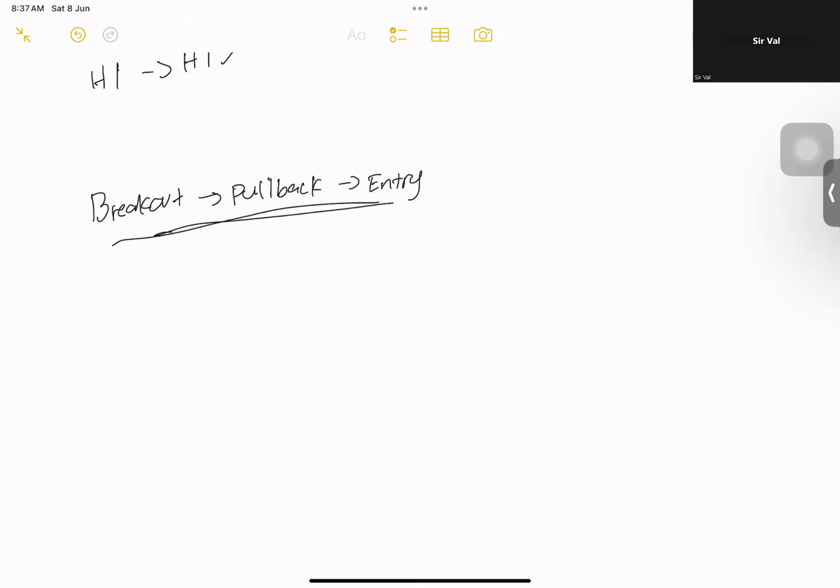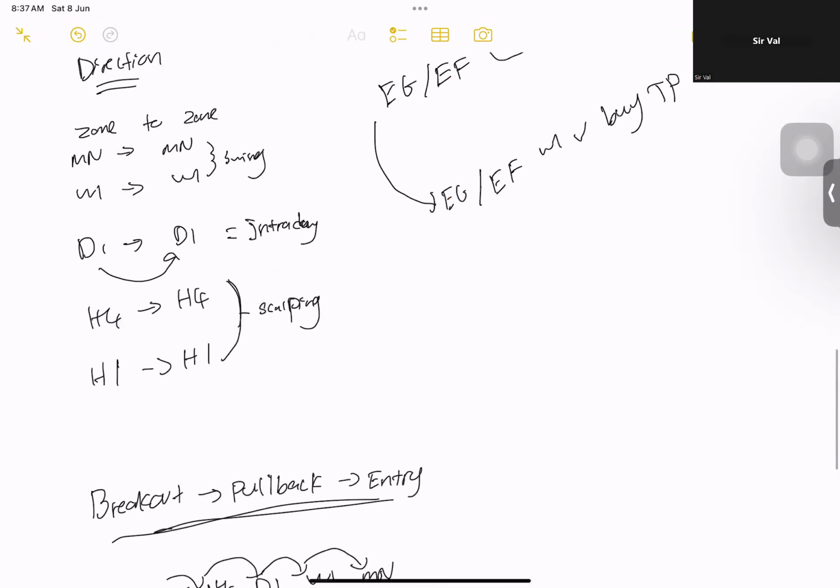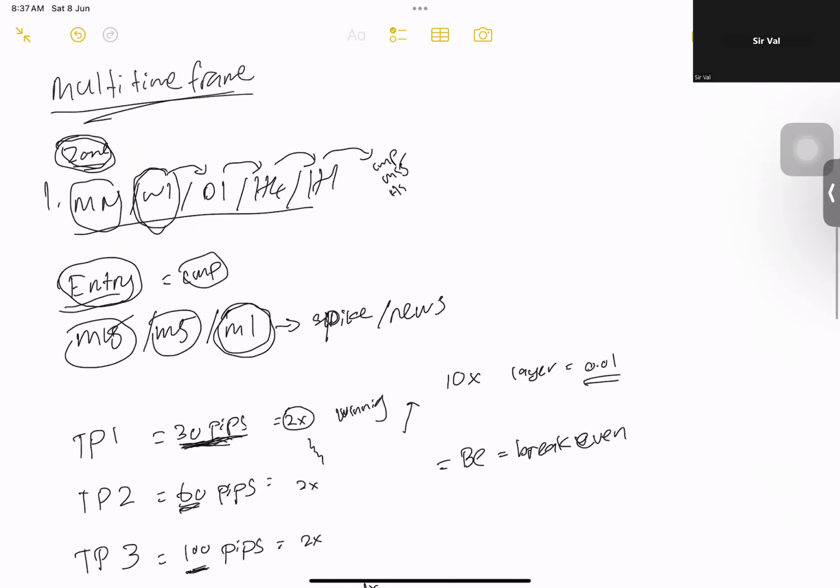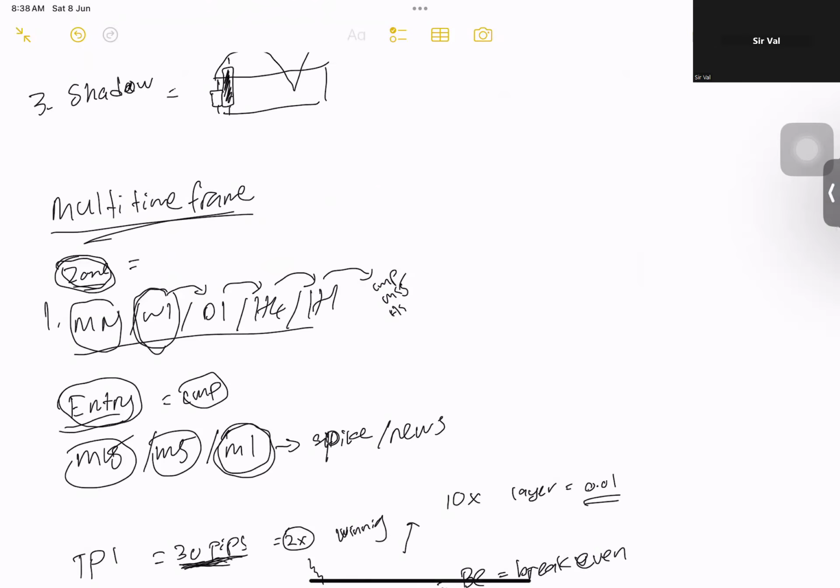How it works is, for example, price has created a new zone, same as H1, H4, daily, weekly, or monthly. So this is just a zone. Like I said before, it can only be used for zones: monthly, weekly, daily, H4, H1.